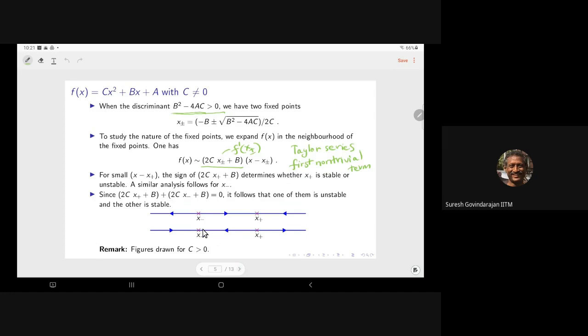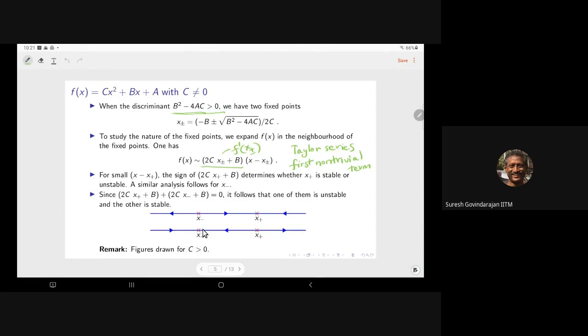So we have to compare here. What would be the coefficient here? It would be this constant, which we should call b hat or something: 2c x plus b. So for small x minus x plus, the sign of 2c x plus b determines whether x plus is stable or unstable.